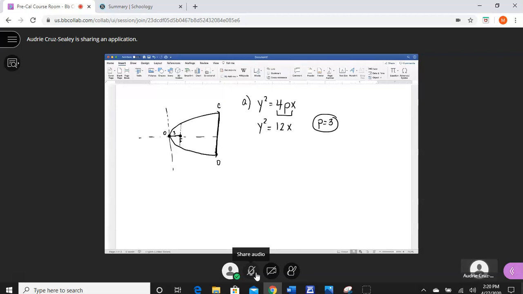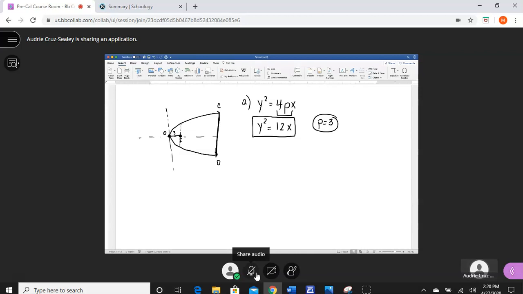Is everybody okay with what she said? That was great. Everybody good? Okay. Moving right along. The next thing said, what does it say? Oh, find the diameter from C to D of the opening that's 20 centimeters away from the vertex.